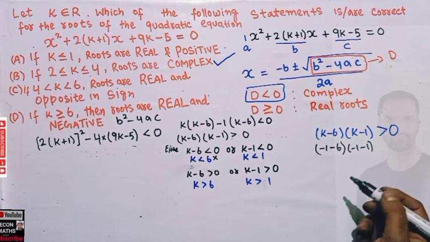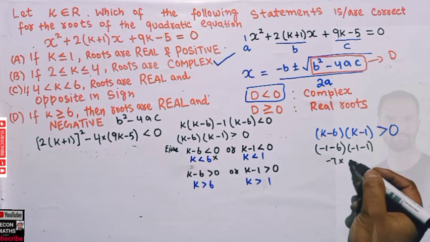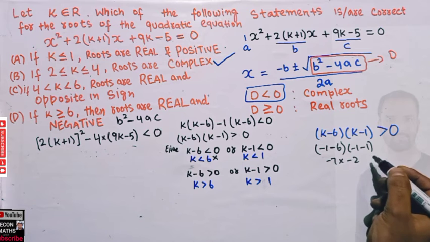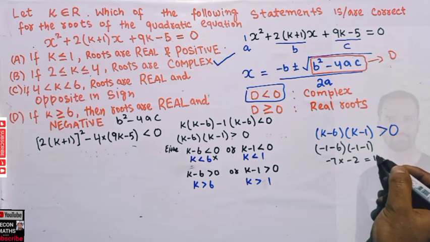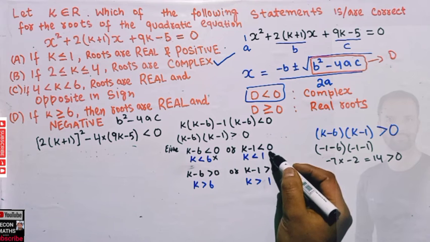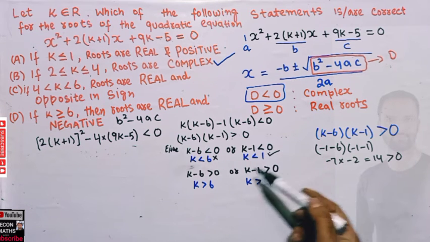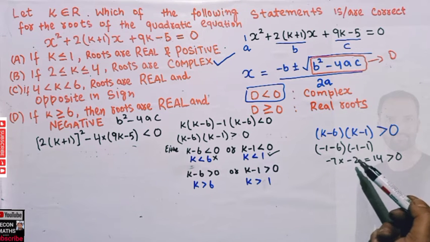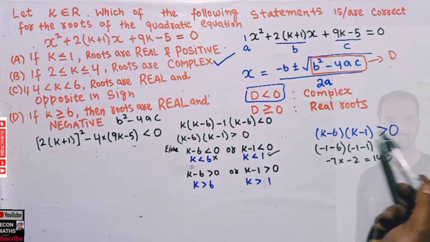So minus 1 minus 6 is minus 7, into minus 1 minus 1 is minus 2. Minus into minus is plus, so we will get 14, which is greater than 0. That means this is our k. When k is less than 1, this inequality holds.